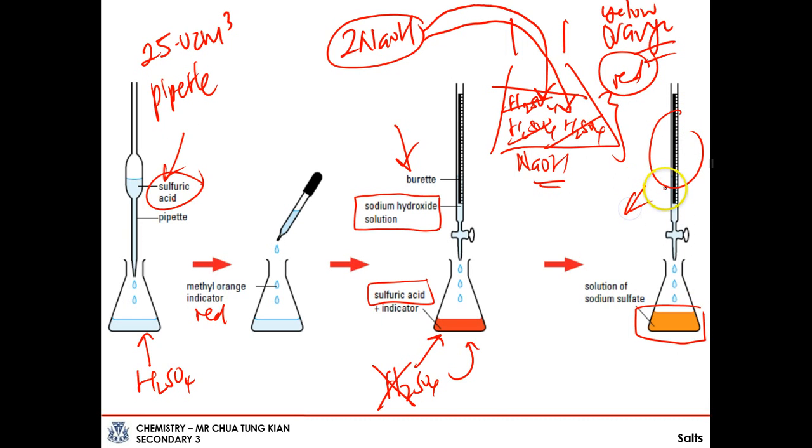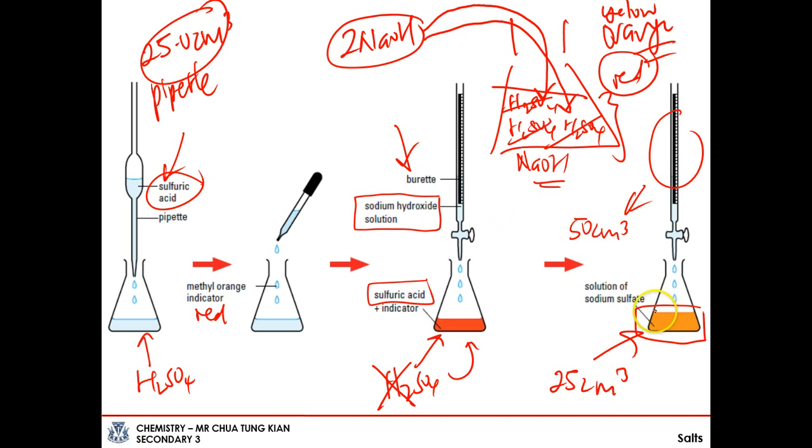So I can read the volume used. Maybe let's say this one requires, say, 50 cm cube. Okay? And I know from here, I use 25 cm cube. So I know that 25 cm cube of acid will react completely with 50 cm cube of base. Correct? So if I know that this reacts with this much, then I can do another titration now without using the indicator, because I know exactly how much reacts already, correct?